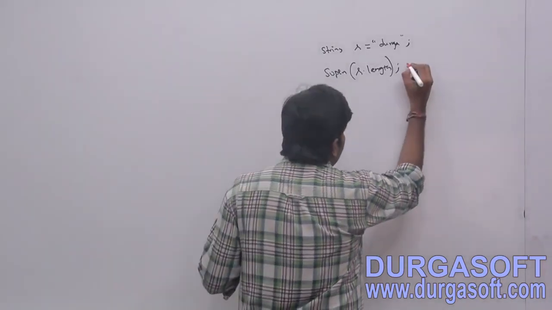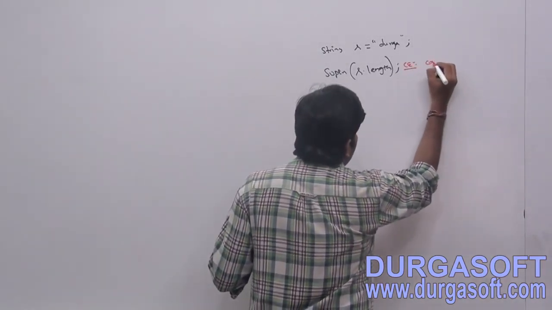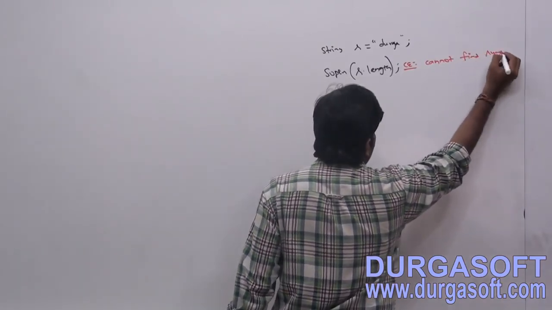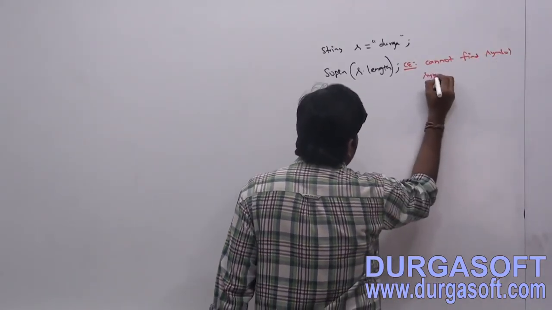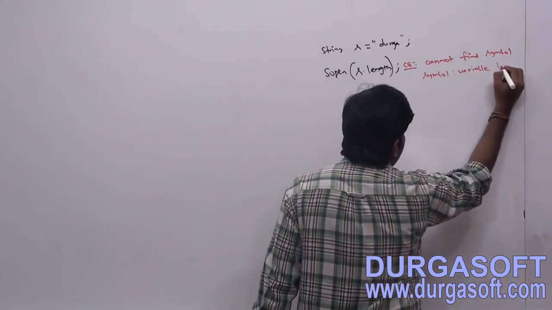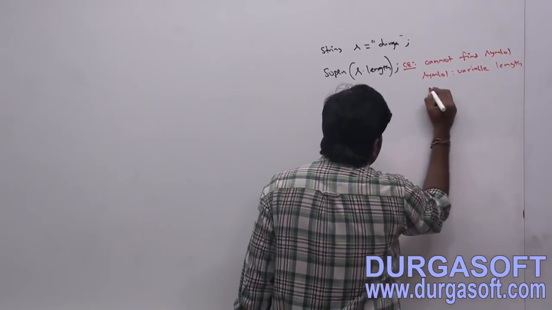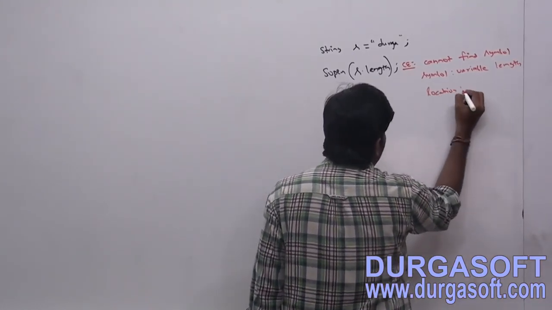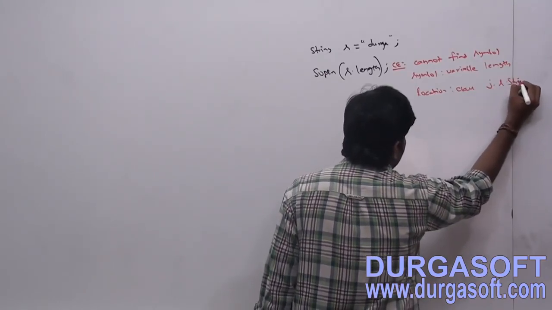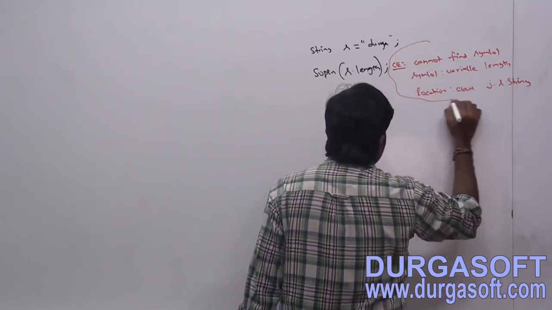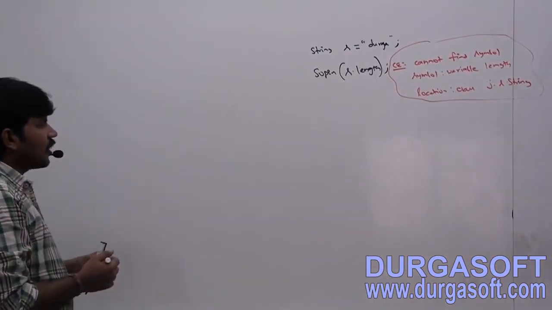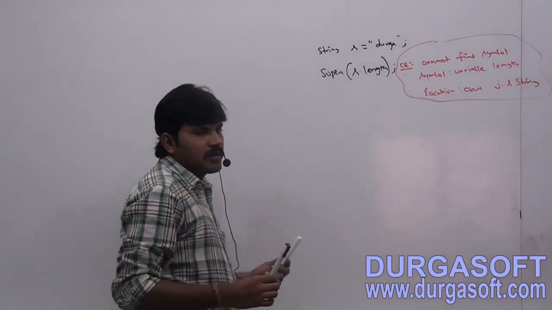Can you tell what compile time error we are going to get? Cannot find symbol. Which symbol? Variable length, in which location? Class java.lang.String. In the String class, the length variable is not available, right?